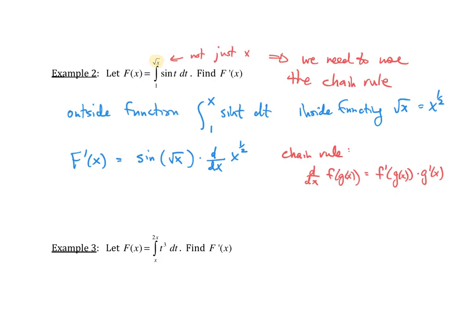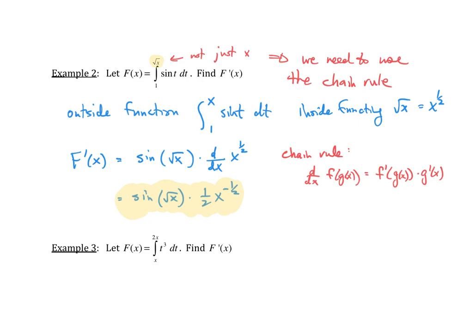Okay, so let's finish off this problem. The sine of the square root of x simply stays there. Now I multiply by the derivative of the square root of x, which I've written in exponential form. So that's going to be 1/2 x to the negative 1/2. And this will be our final answer right here.